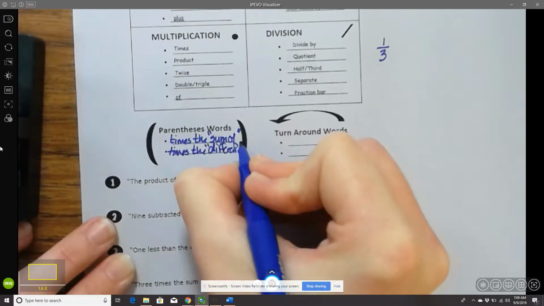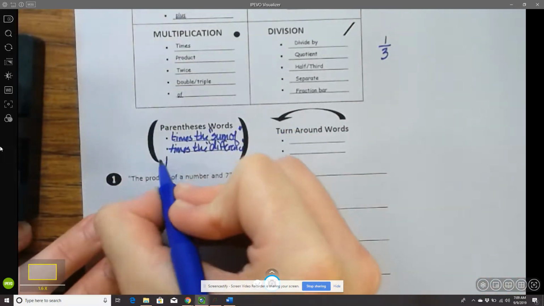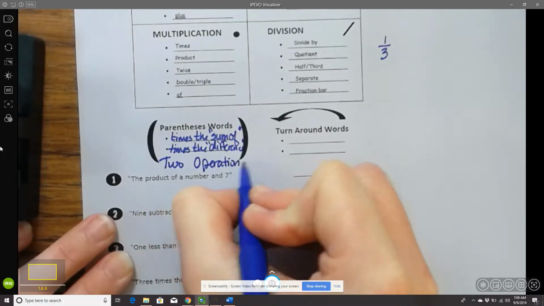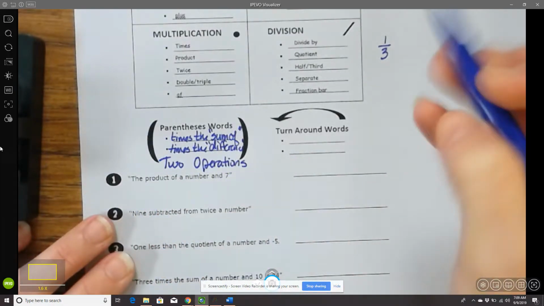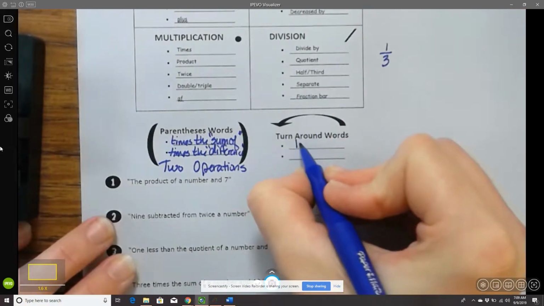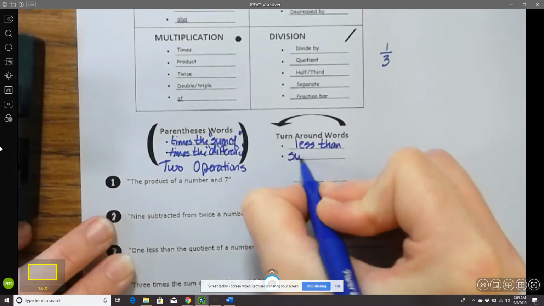And again, you're going to find the difference first. So anytime that you're doing two operations, you're going to need to use parentheses. And then turnaround words are the ones that we talked about that were starred up here at the top. So less than, you're going to write it backwards than what you say it, and subtract from.